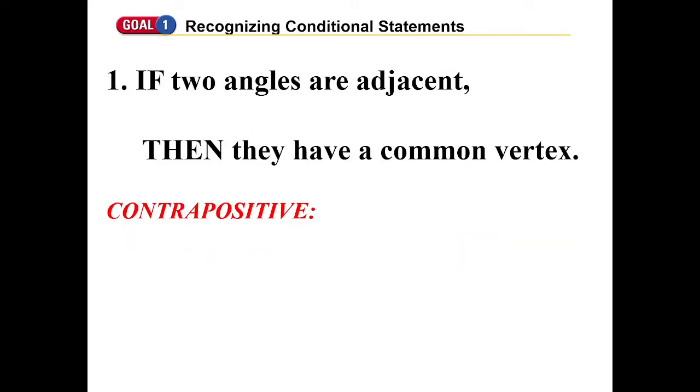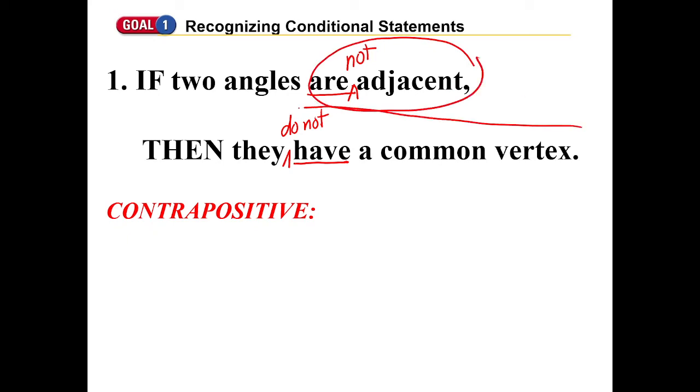Let's have another example. Number 1. Who can give me the contrapositive? Sa butangan sa nato, unsay mahitabuan ning are? Not. Ang mahitabo ni have, or do not. Okay. I-interchange na sila. Who can give me the contrapositive? You start with if two angles.